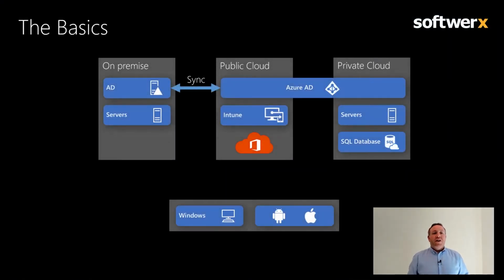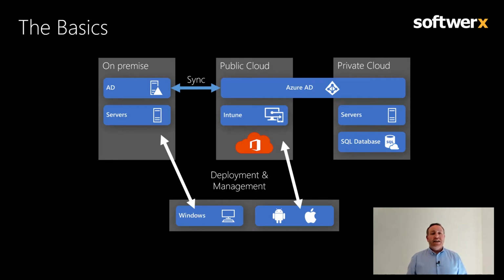So to start, I want to give an example of where most of our customers are when they come to us today. We generally have PCs that are attached to a traditional Active Directory and dependent on connection to servers for logon, settings, and software deployment.